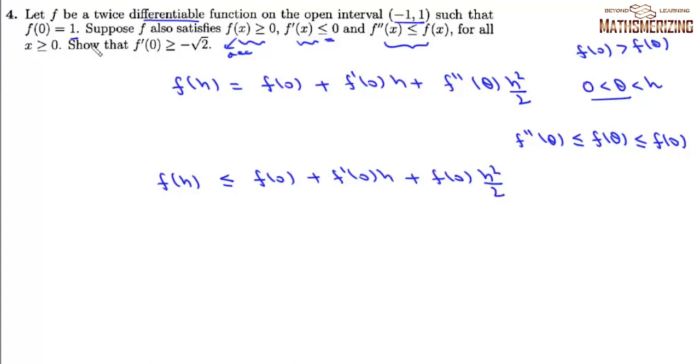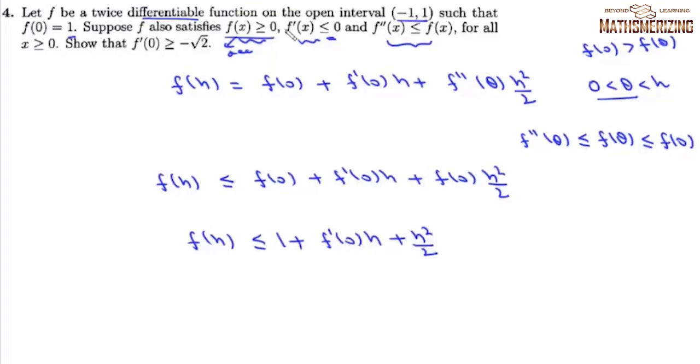Now f(0) is 1, so we can write f(h) is less than or equal to 1 plus f'(0)h plus h square upon 2.